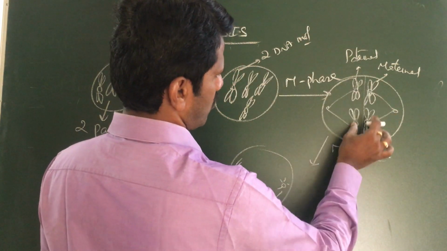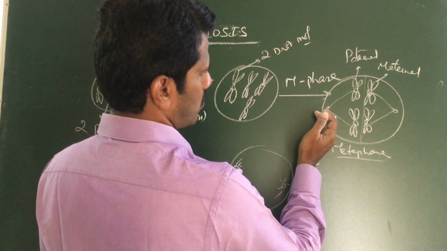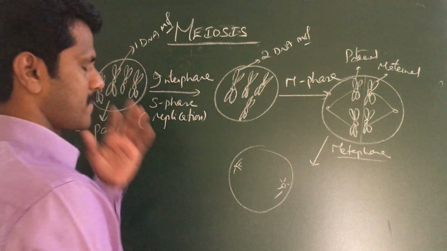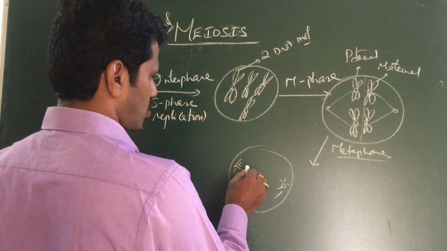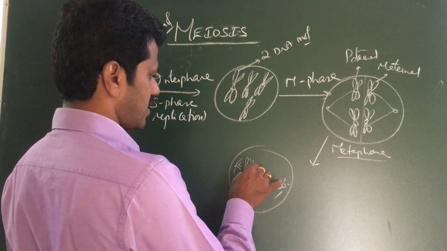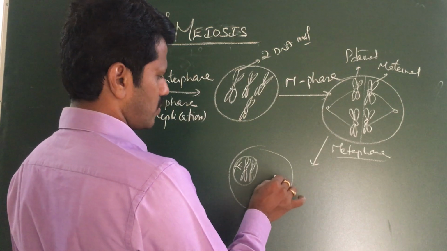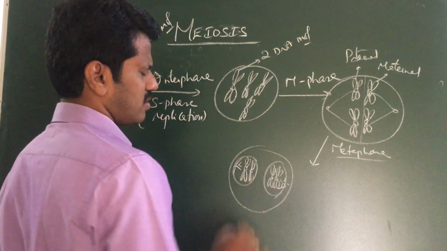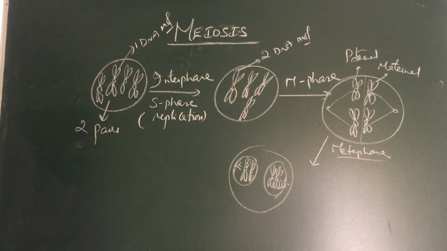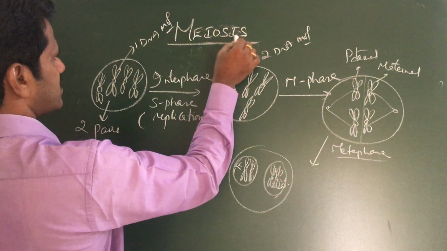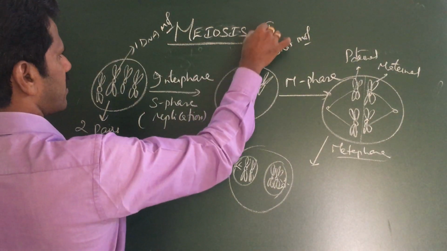Suppose 4 are there: to one pole 2 chromosomes will come, to the other pole 2 chromosomes will come. In the 2 pairs, the chromatids will not separate here. The chromosome number becomes reduced to half. That is what happens in meiosis 1.